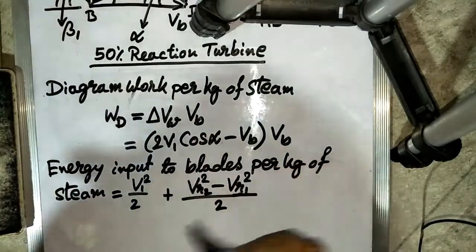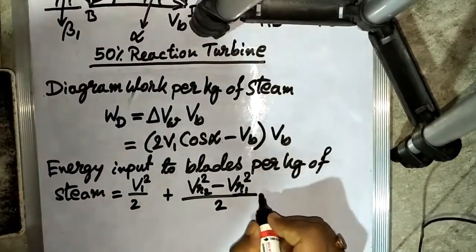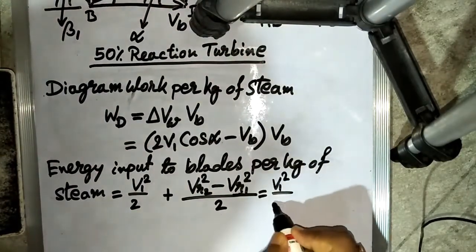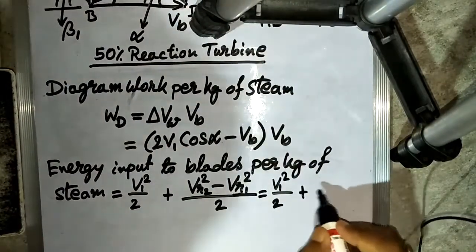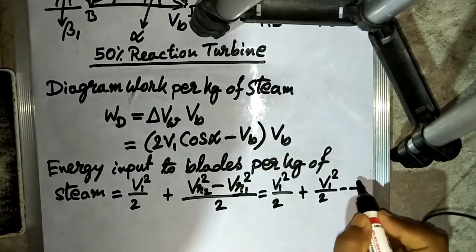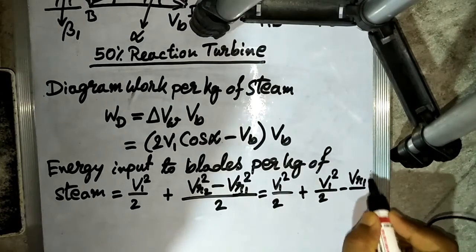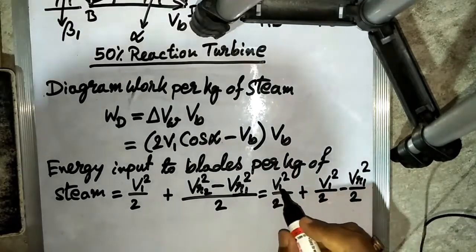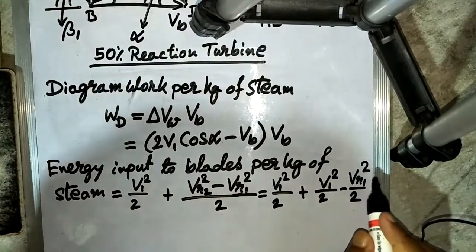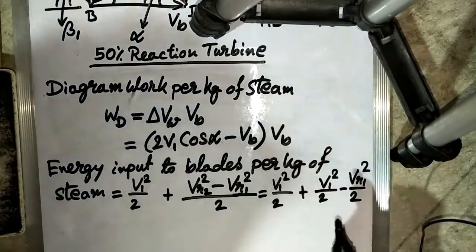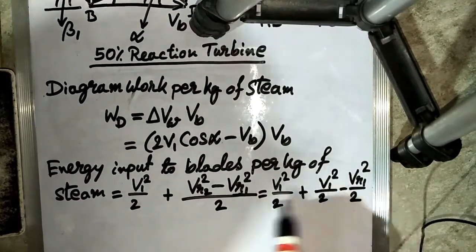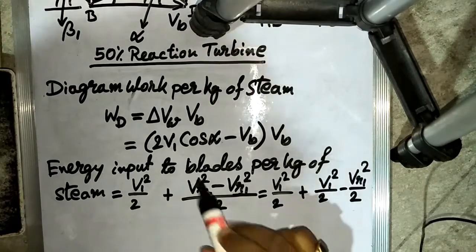Or we can write V1 square by 2 plus V1 square by 2 minus VR1 square by 2, because the value of V1 is equal to VR2, so we can just write V1 instead of VR2.